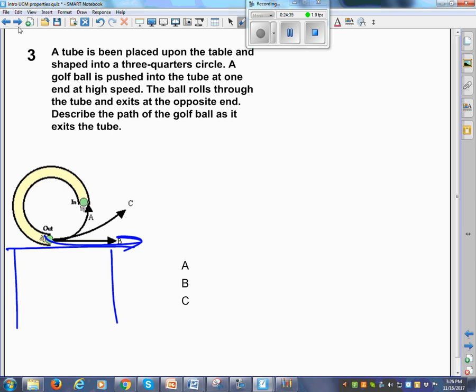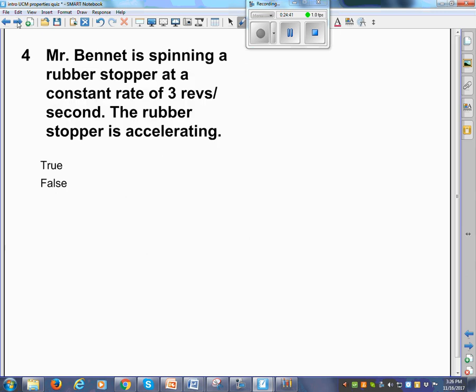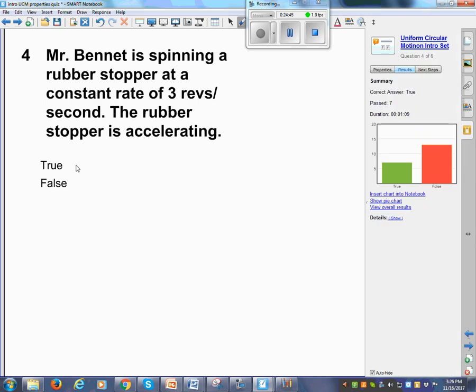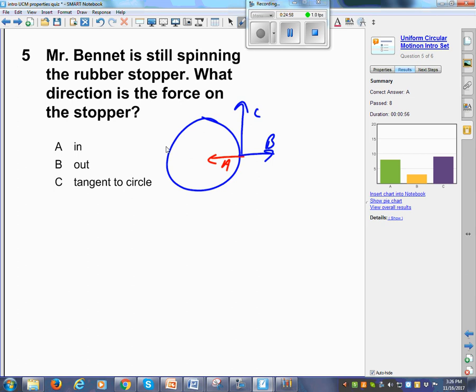Yeah, that one is B. This one here, is this true or false? True. Why is it accelerating? Because it's changing direction. If you're changing direction, you are accelerating. What direction is the force on the stopper? The answer is A, towards the center.